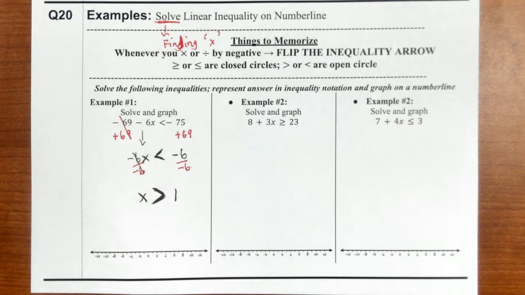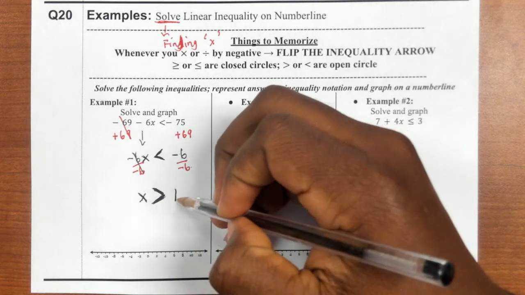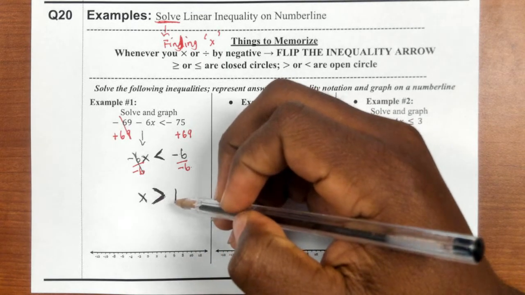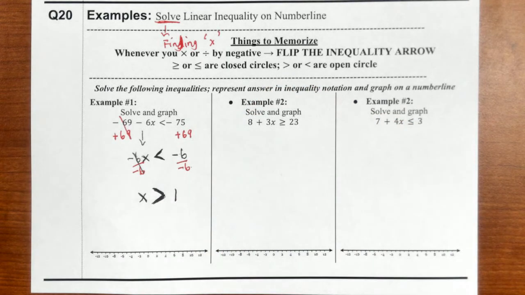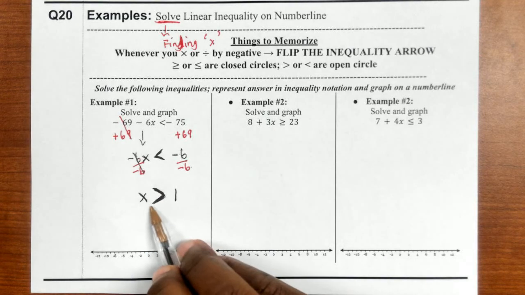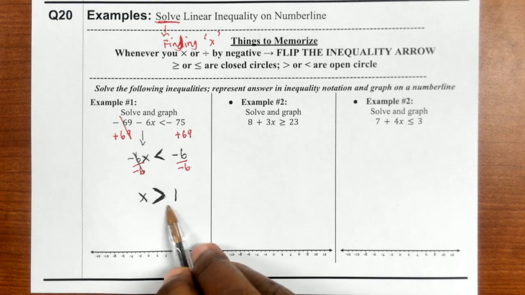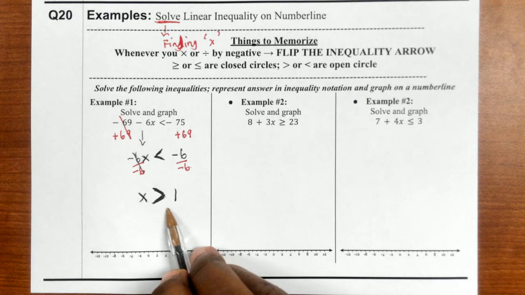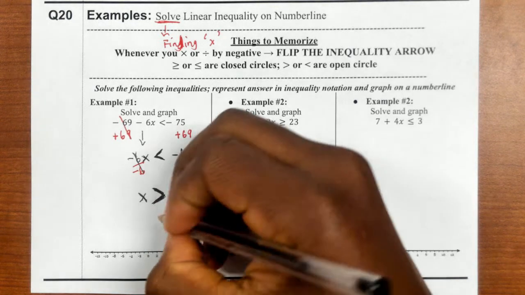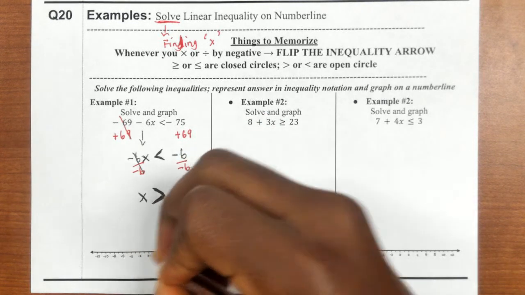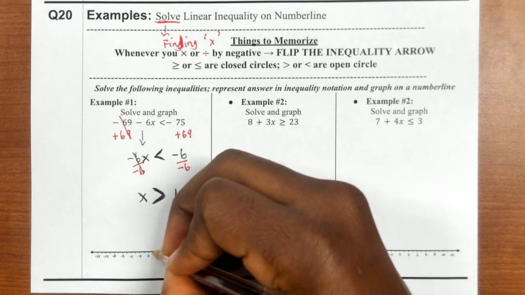Now I'm going to put this on the number line. To put this on the number line, I need to first figure out if this 1 is going to be open or closed. Whenever you have no line underneath, so you don't have an or equal to sign, that means it's going to be an open circle at positive 1.